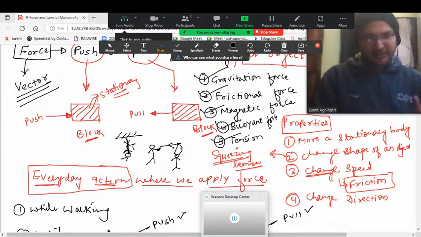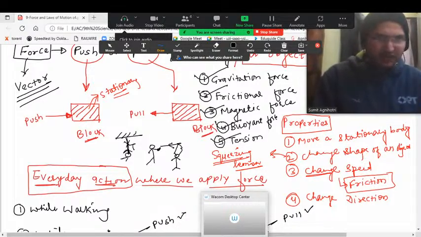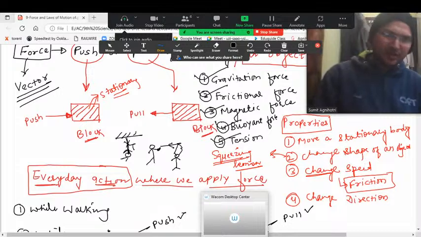All they are examples of contact forces. Then there may be muscular force, when you lift an object, that is a type of contact force. Under non-contact force you have gravitational force, electrostatic force between two charged particles, and magnetic force. They are contactless forces. Got it? Then nuclear forces are also there. A lot of forces exist.